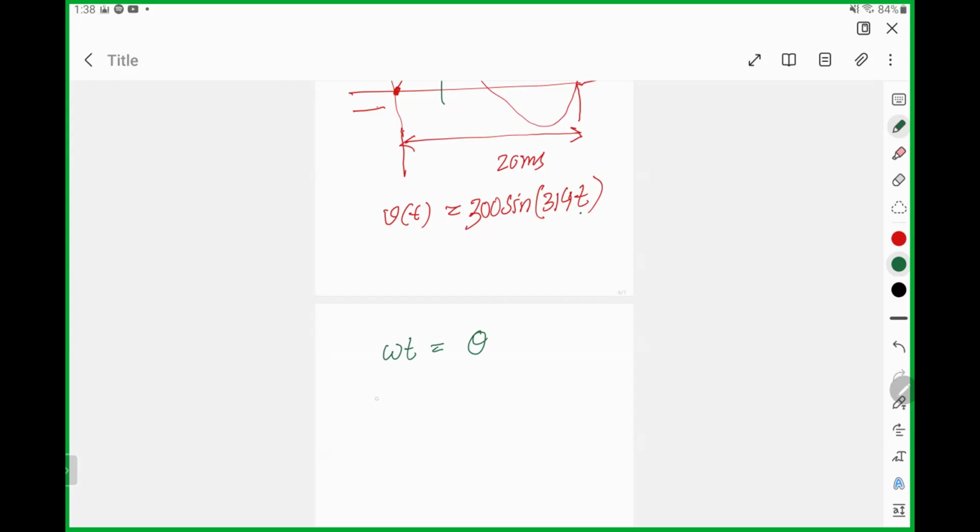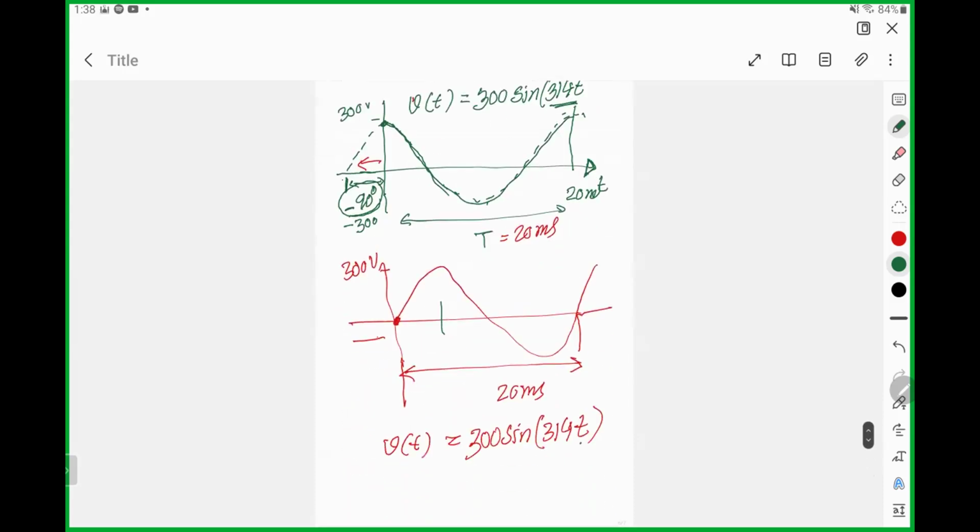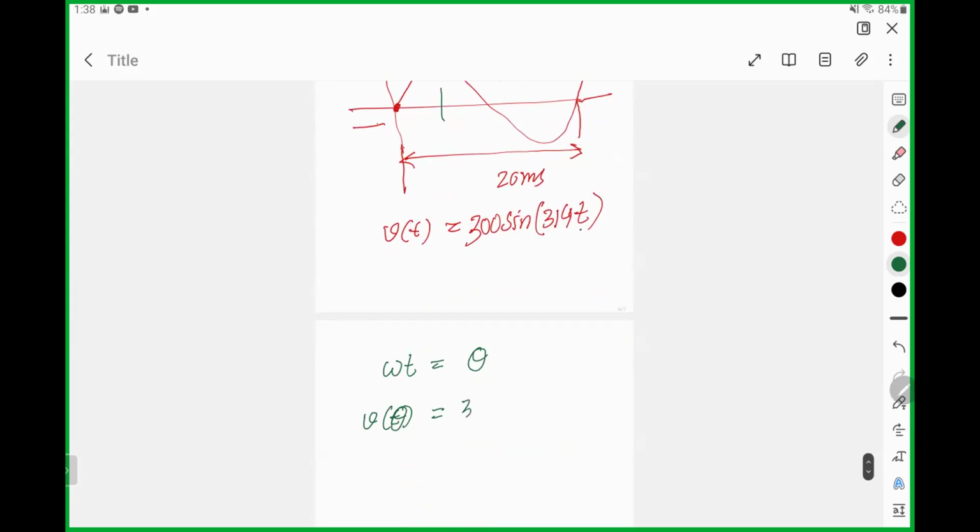If that is the case, then we will be able to identify the value. So what was the equation? Instead of t, I will write down theta, and this whole part I will replace with theta. So it will be 300 sine of theta.